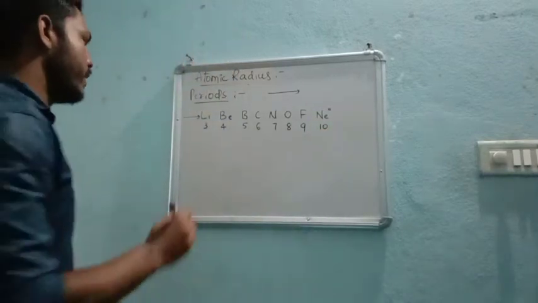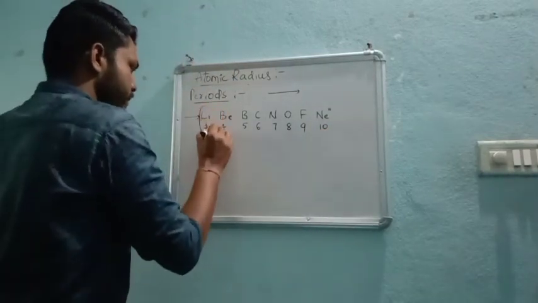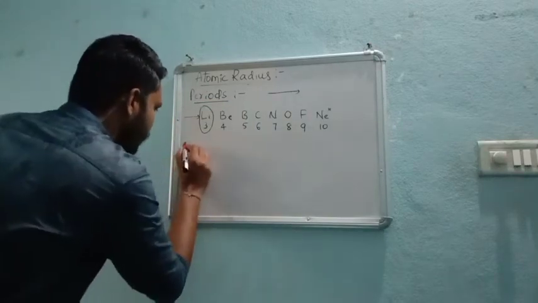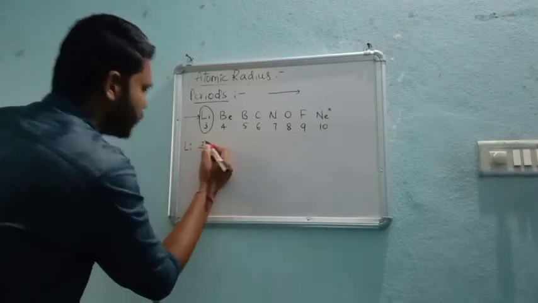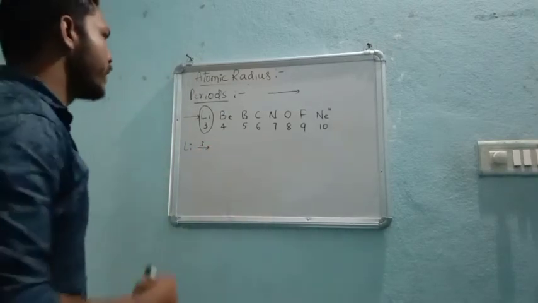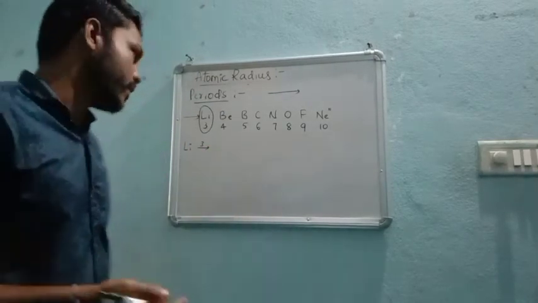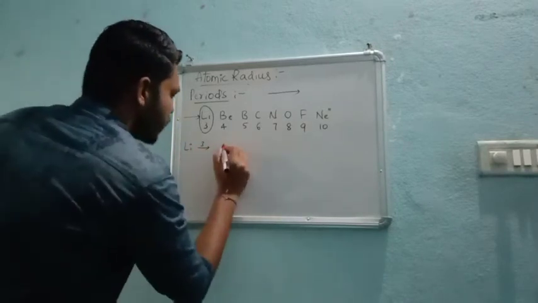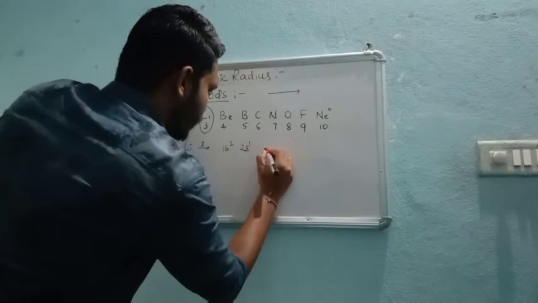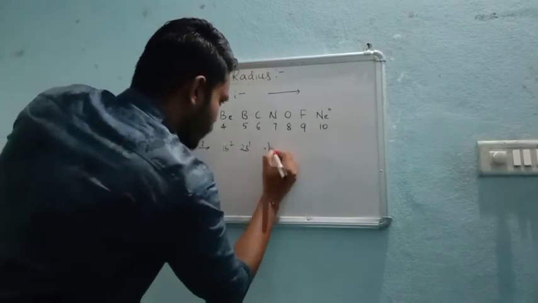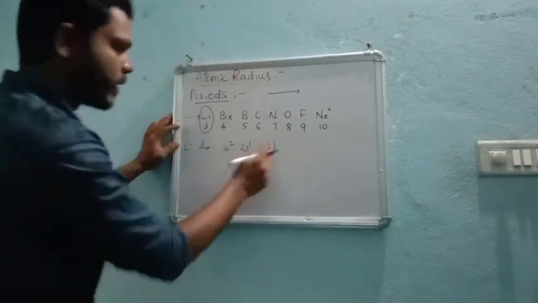Now consider lithium again. We are going to see in the period whether the atomic radius increases or decreases. So lithium: 1s2, 2s1, second shell.